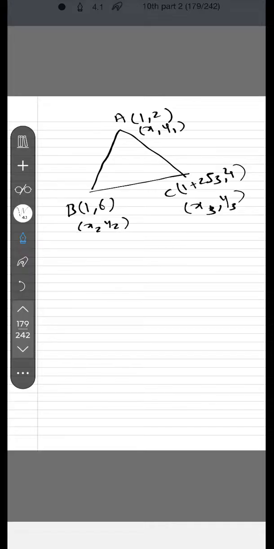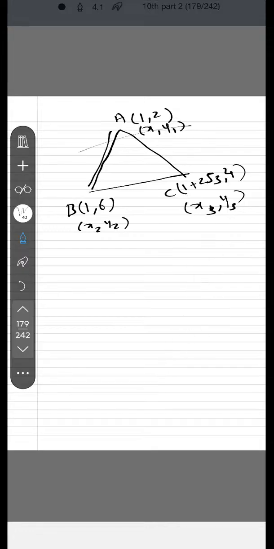We have to find out whether these points are vertices of an equilateral triangle or not. How can we say that they are vertices of an equilateral triangle? We know the definition: if all sides of the triangle are equal.